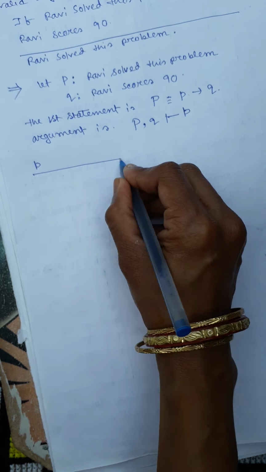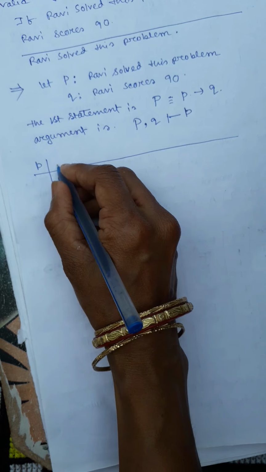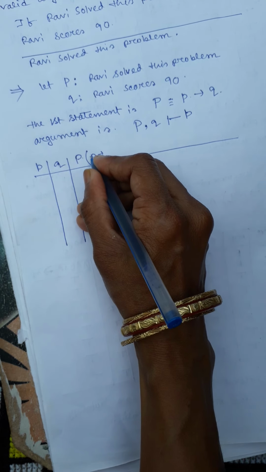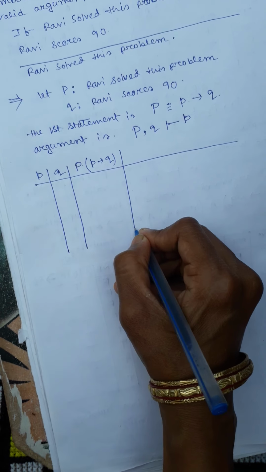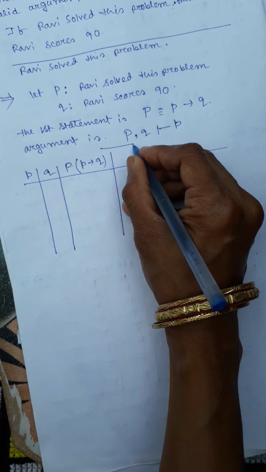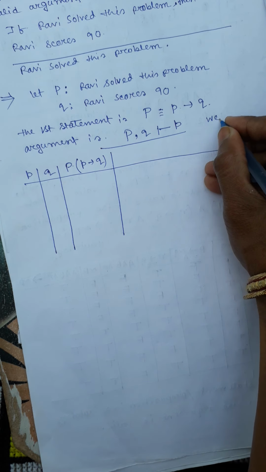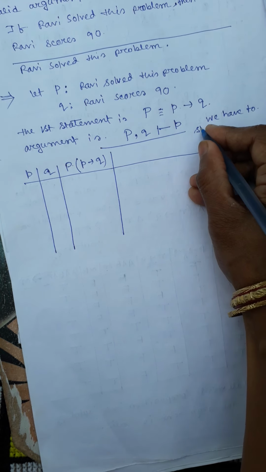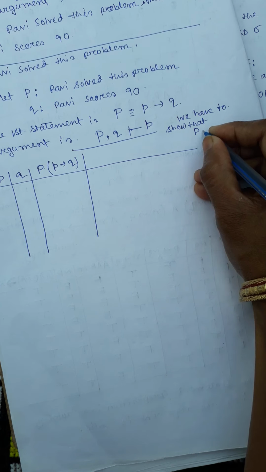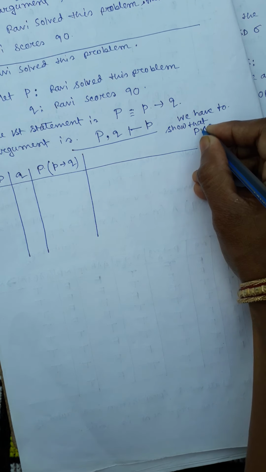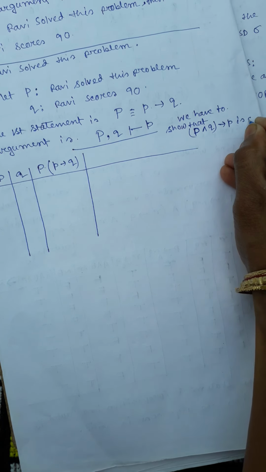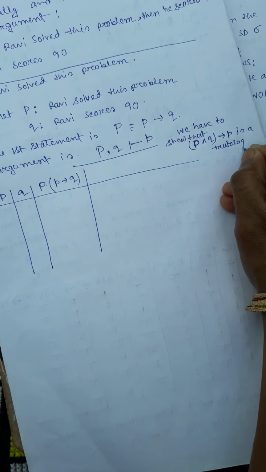That means we have to find out capital P, capital P, small p tends to Q. Okay, if it is a valid argument, then we have to show that capital P conjunction of small q tends to small p is a tautology.